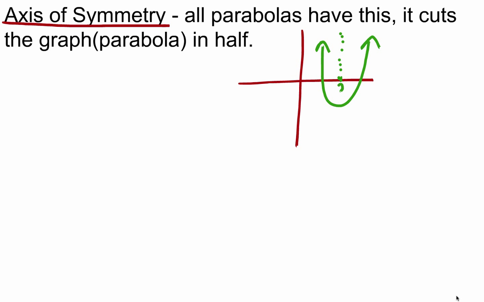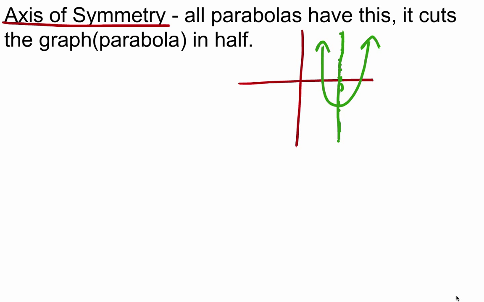If I draw a line straight through that, you can see it cuts the parabola right in half. Half of it goes to the right, and half of it goes up to the left. So the axis of symmetry is the line that goes straight down through the x-axis and cuts that parabola in half.